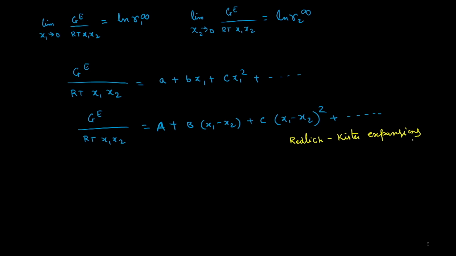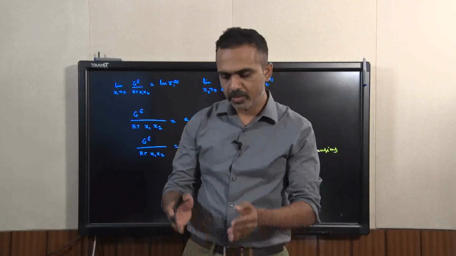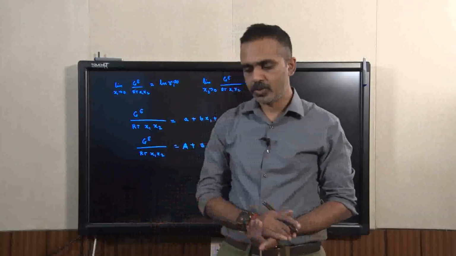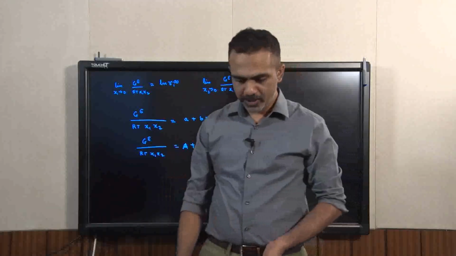These are expansions for the excess Gibbs free energy at a given temperature and pressure, so it is only a function of the mole fraction. Depending on our requirement, we choose the first term, 2 terms, 3 terms, etc. We can choose as many terms as we want out of this power series expansion.